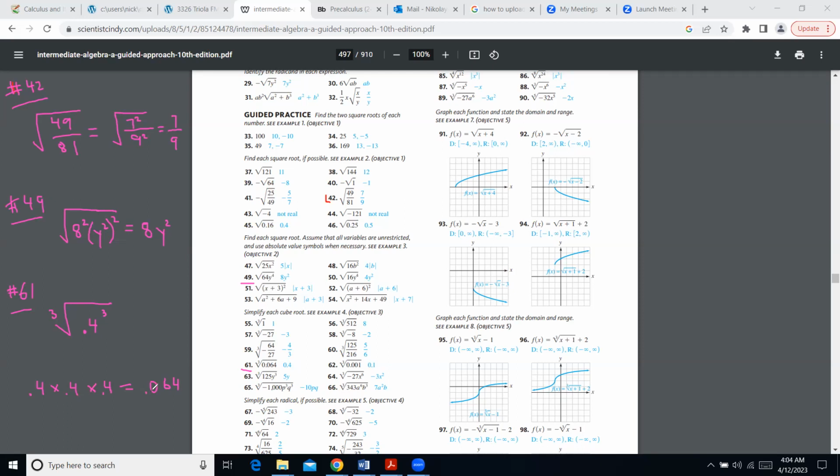So this will be 0.064. And we can see that the result is going to be just 0.4.